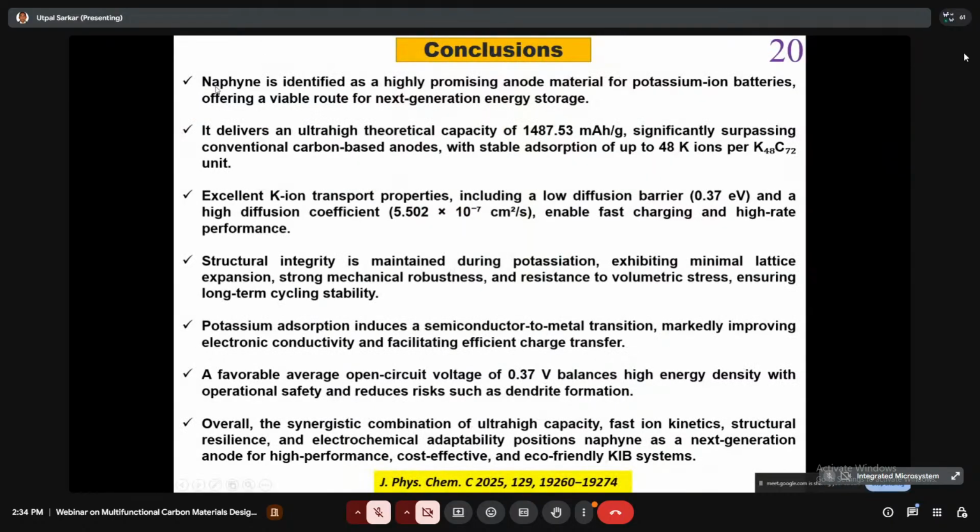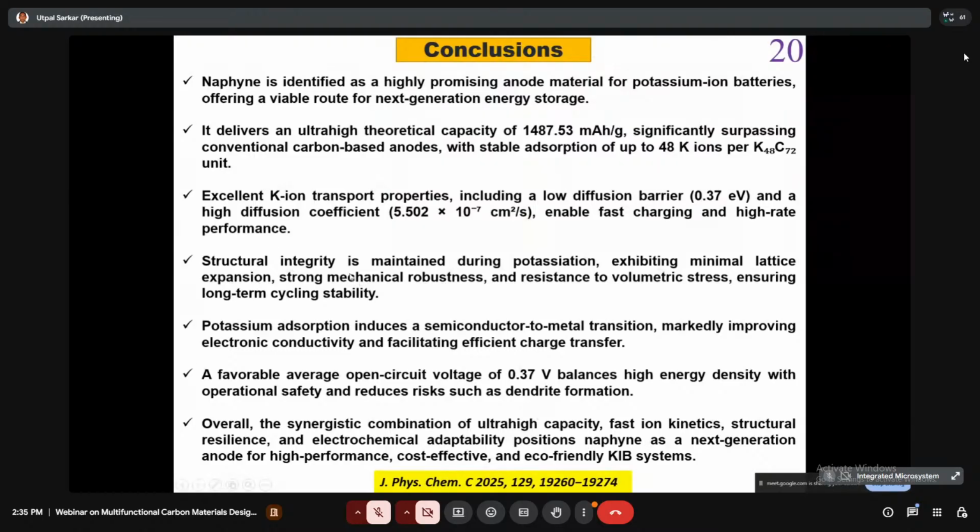So our conclusion from this study is that naphthalene is identified as a highly promising anode material for potassium ion batteries, offering a viable route for next generation energy storage. It delivers an ultra high theoretical capacity of 1487 milliampere per gram, significantly surpassing conventional carbon based anodes, with stable absorption up to 48 ions per K48C72 unit, meaning one particular unit, and excellent potassium ion transfer properties, including low diffusion barrier and high diffusion coefficient, enabling fast charging and high rate performance.